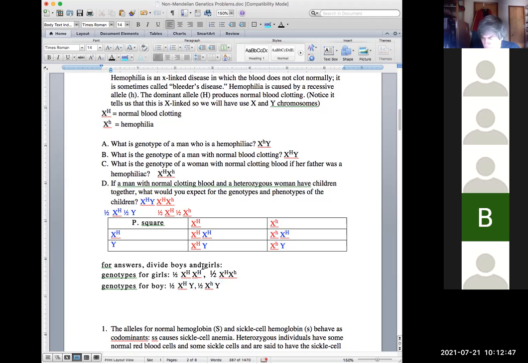So basically, when we're doing our answers for the genotypes and phenotypes, we're thinking of it like two separate problems. Girls are one problem, boys are one problem.